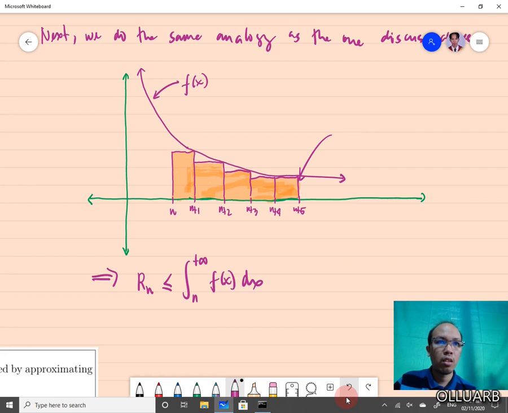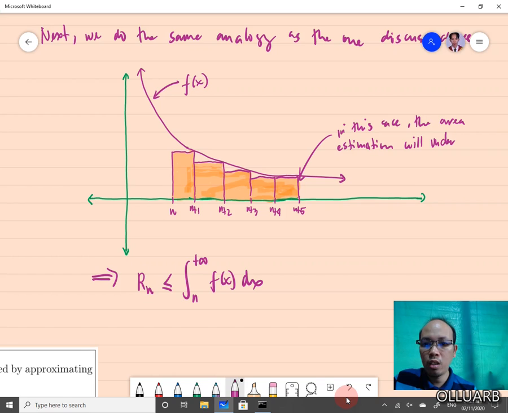In this case, the area estimation will underestimate the area.